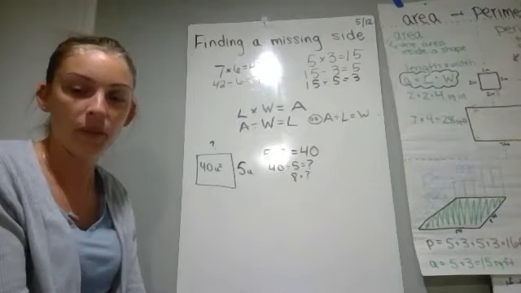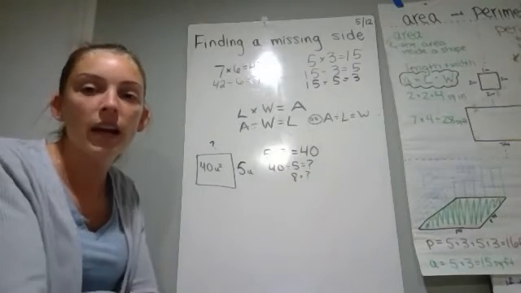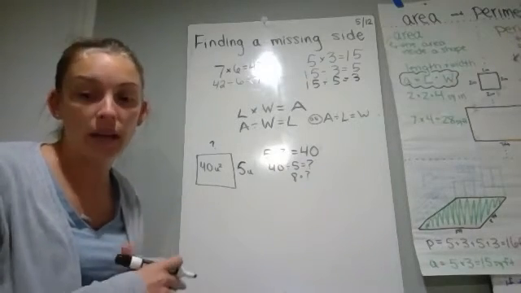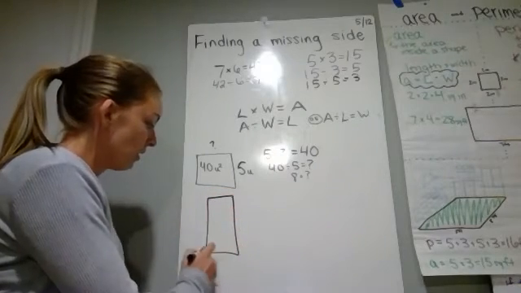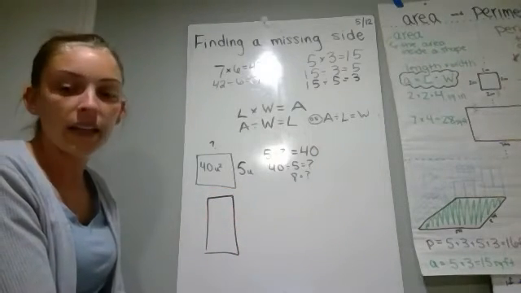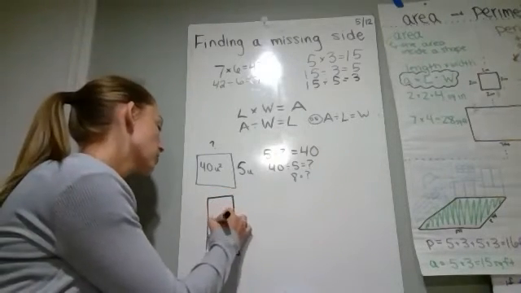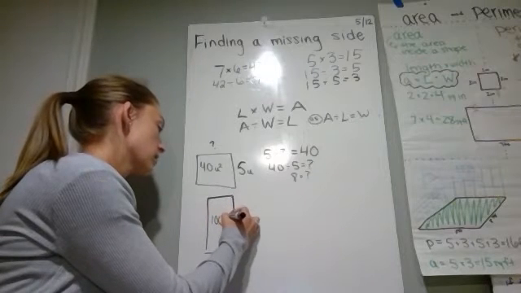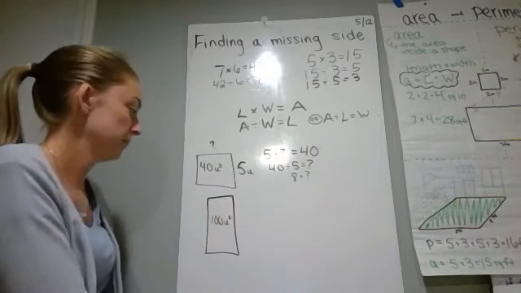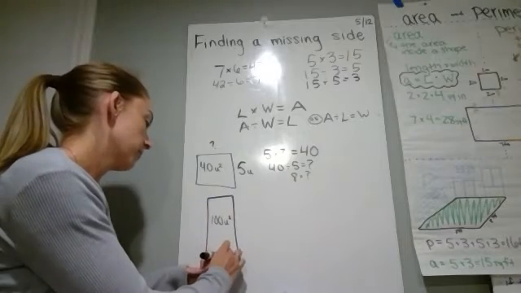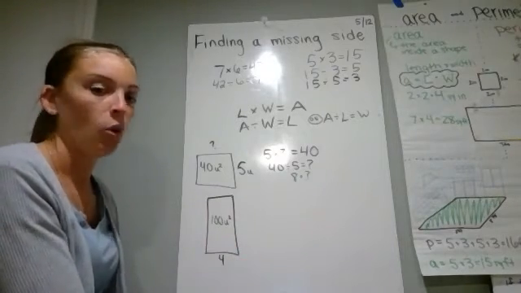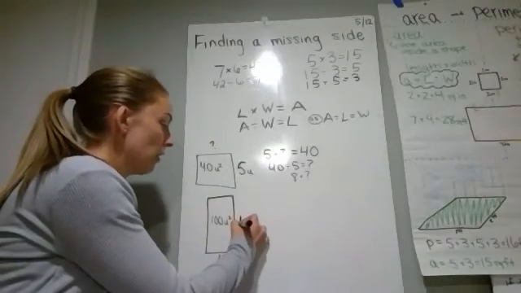There we go. So now I want you to go ahead and do this next problem with me as I go. I'm going to draw a rectangle. And the area is 100 units squared. The bottom is 4. We're going to find out the length.